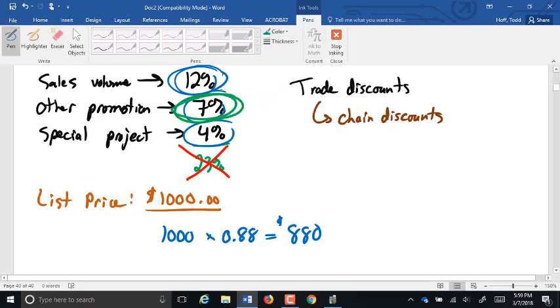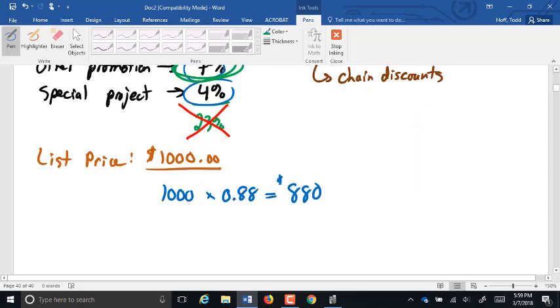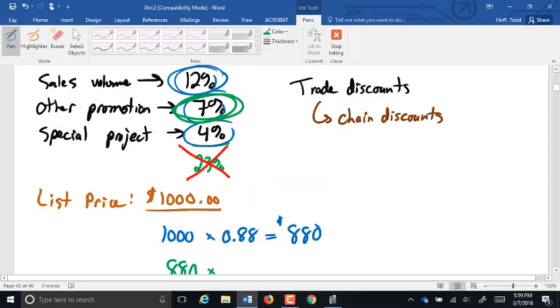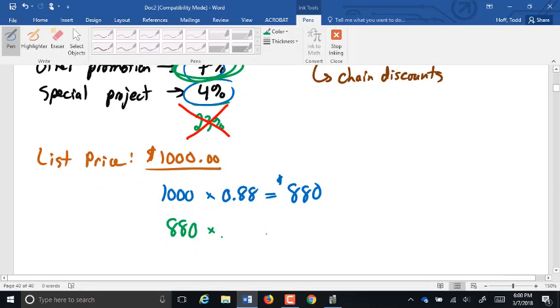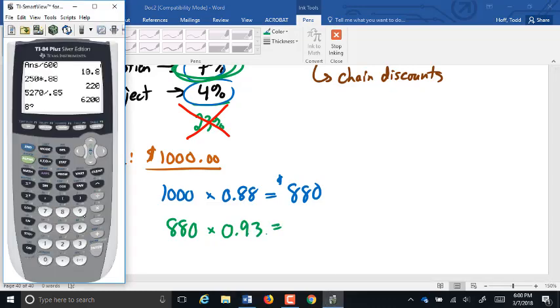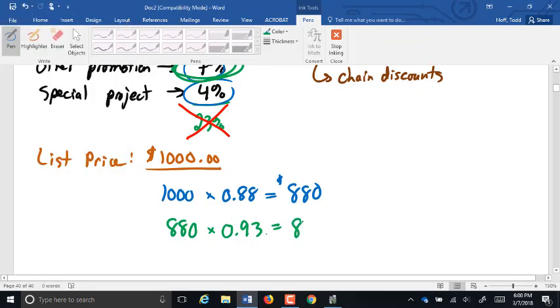Now then we apply the 7%. So we take that $880 times what? What's 100 minus 7? 0.93, very good, 93%. So 880 times 0.93 is $818.40.